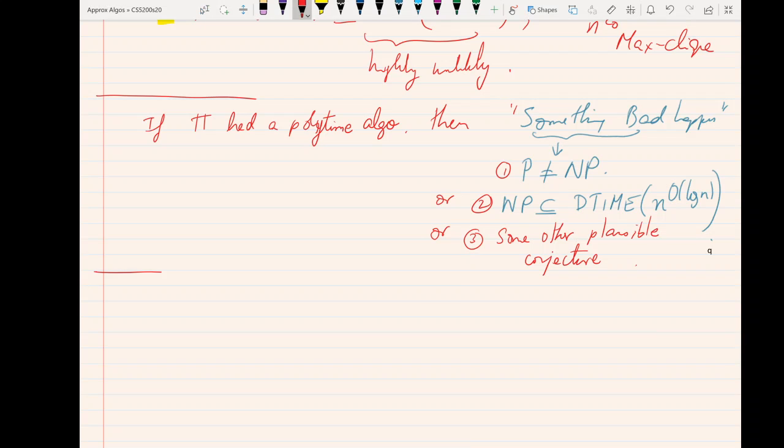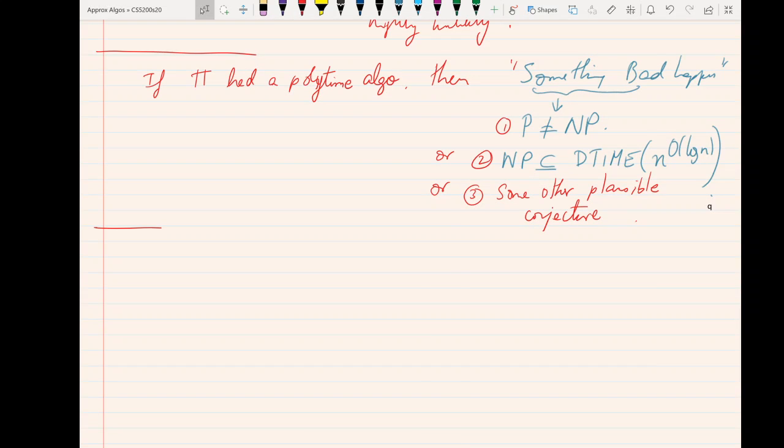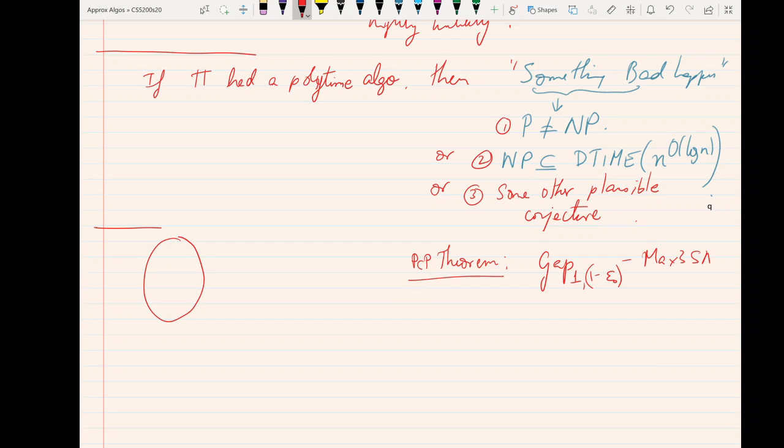Now, a small word about the PCP theorem. If you notice what it is saying, as we had stated it last time, it was that gap 1 comma 1 minus epsilon naught max 3-SAT is NP hard, right?